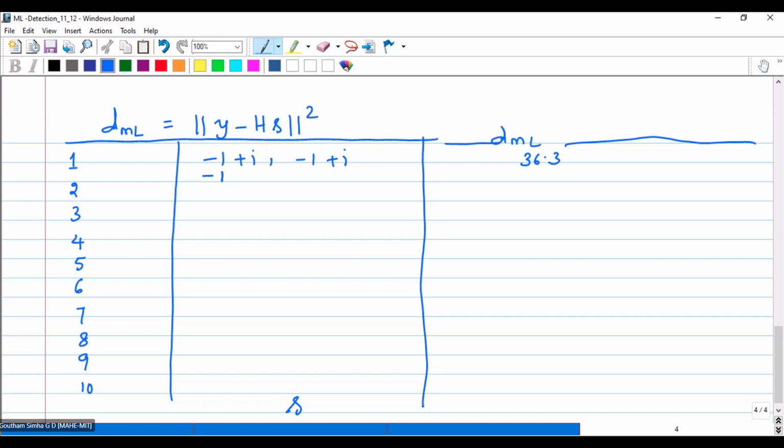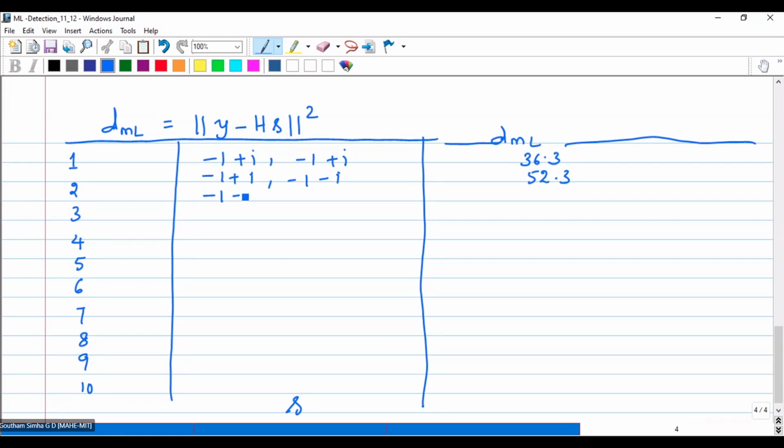Similarly, if I transmit -1 plus I, comma, -1 minus I, the distance would be somewhere around 52.3 for a given noise term. What I'm writing for S is for a given noise term. That's why this DML is giving me these values.